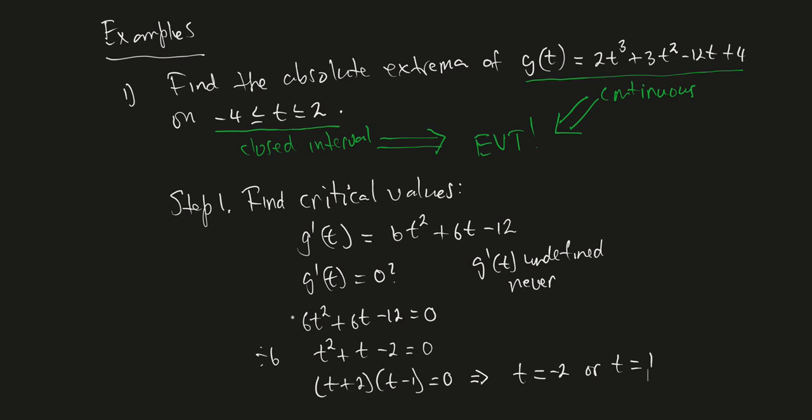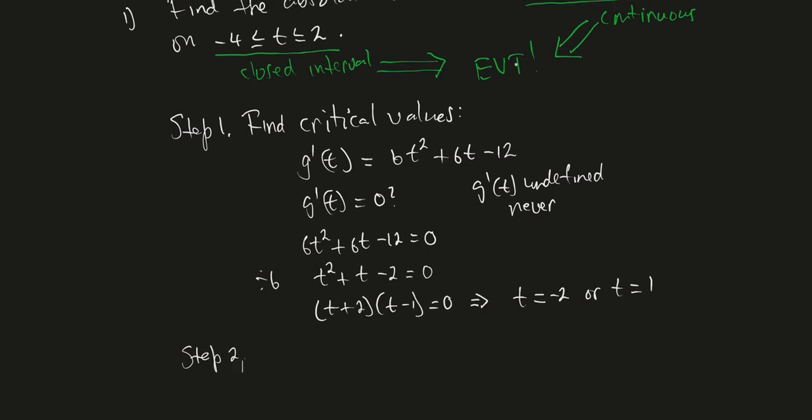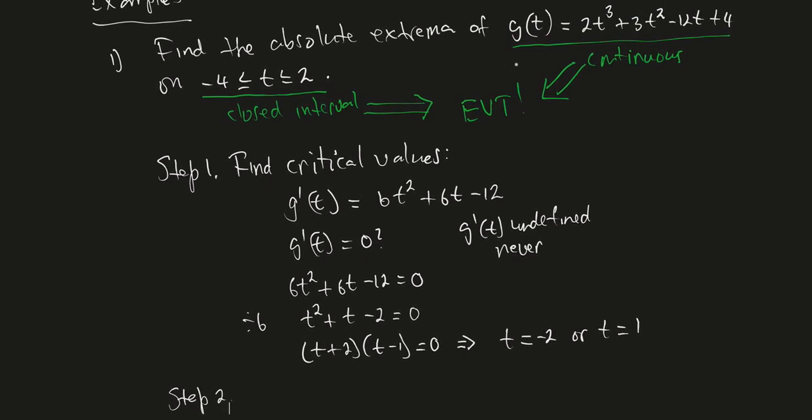So once we have the critical values, step 2 now is algebra. Because what we're trying to do is to figure out how high our polynomial is. What is the highest point on the graph of this function? What is the lowest point if we limit our x value to be between negative 4 and 2?